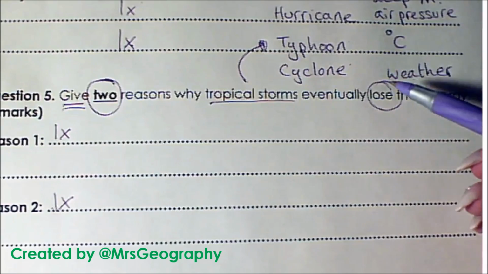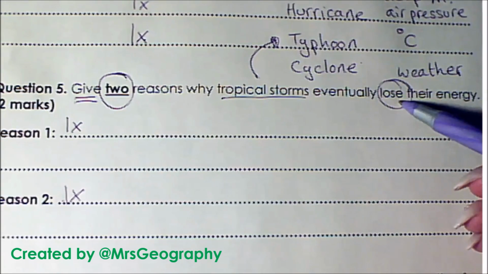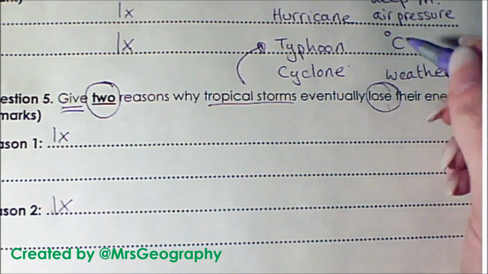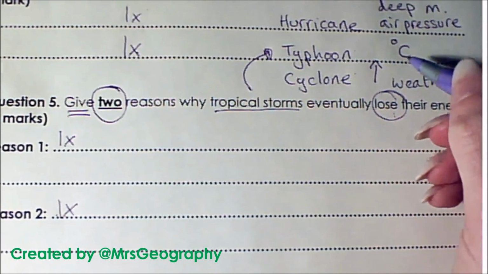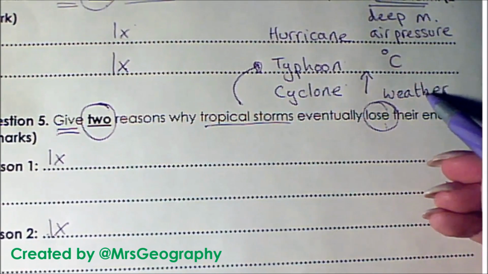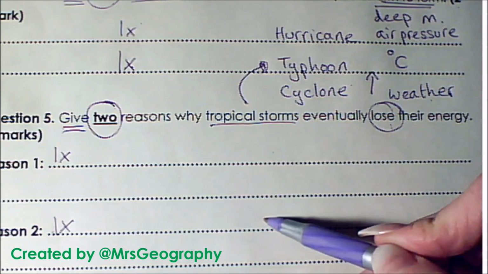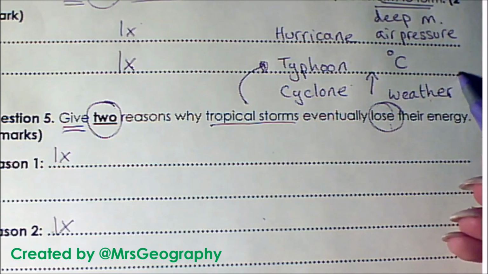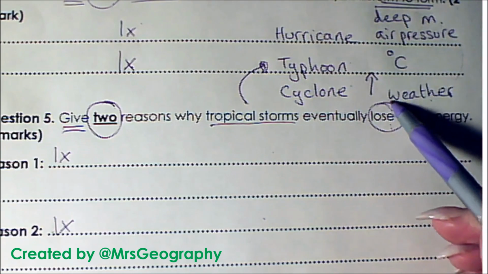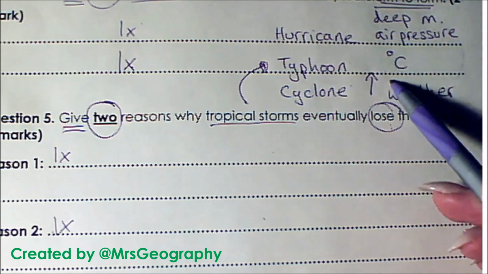So obviously now we're thinking, how do they lose that energy? So think to yourself, look at the question above. How do they gain their energy in the first place? Could there be 2 reasons for them to lose their energy associated with any of these features?